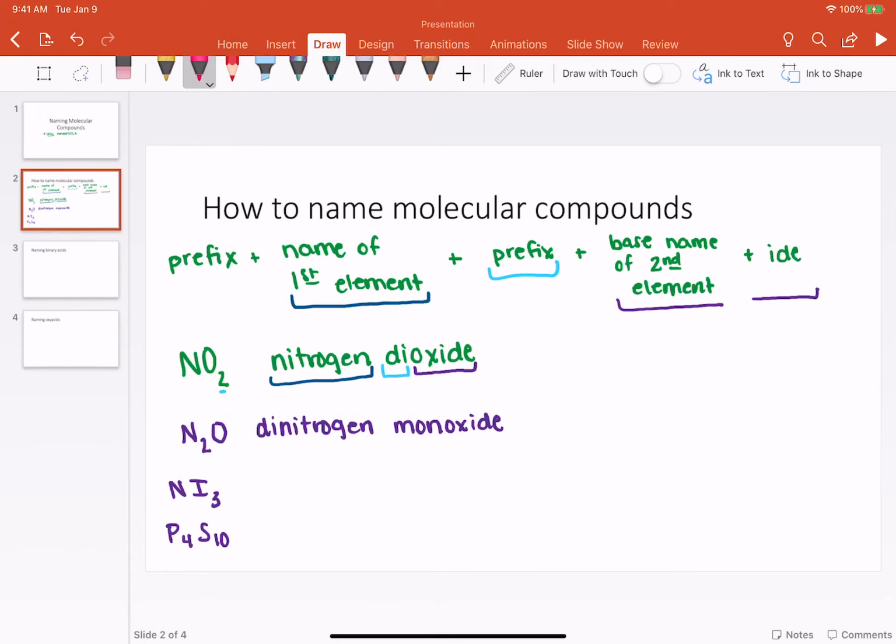So for this first one, we have nitrogen. So this is like our first example where we leave the mono off the first element when there's only one of them. And then we have triiodide.